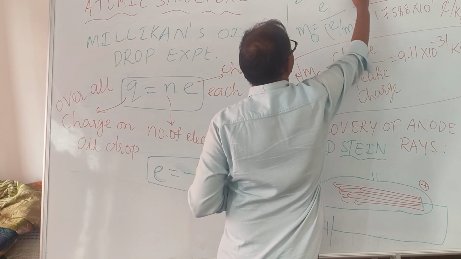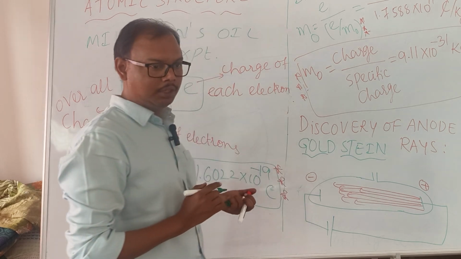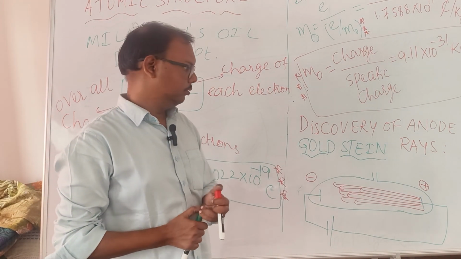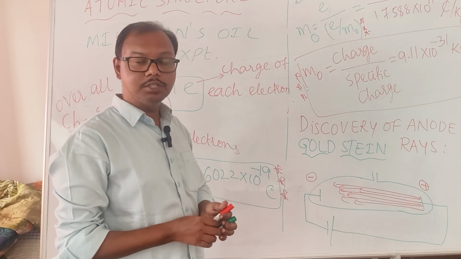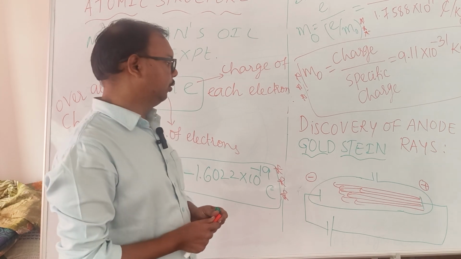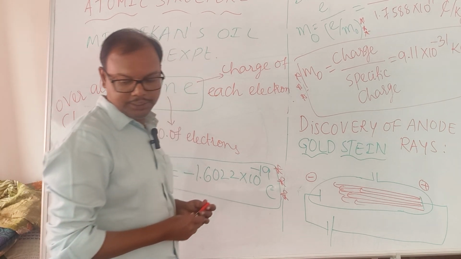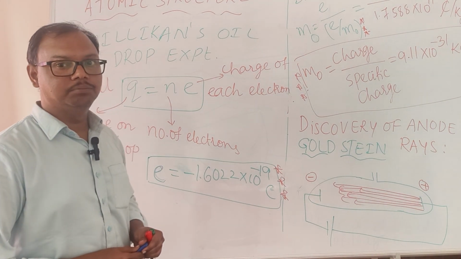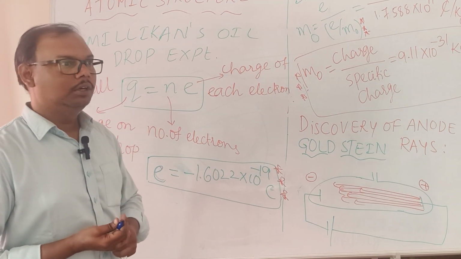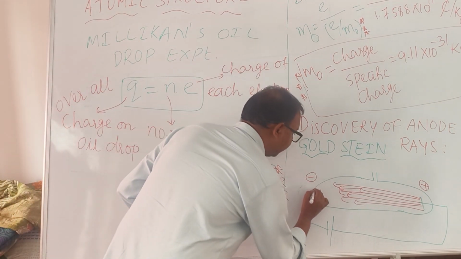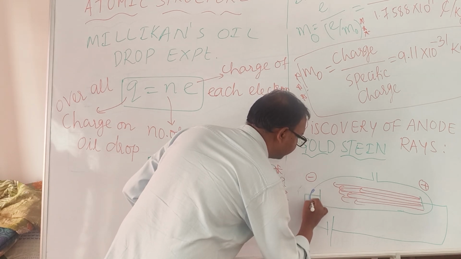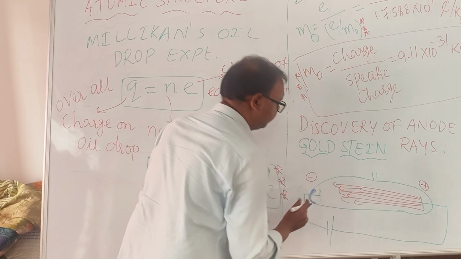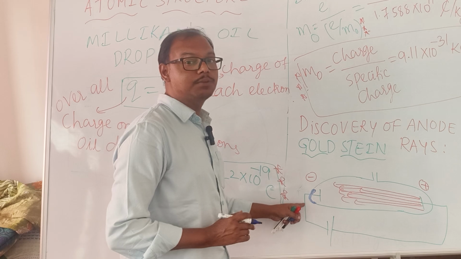Cathode rays and anode rays are invisible. How can you observe them then? You can observe them by using a material called fluorescent or phosphorescent material.